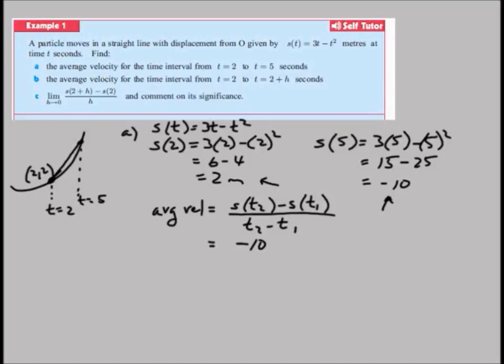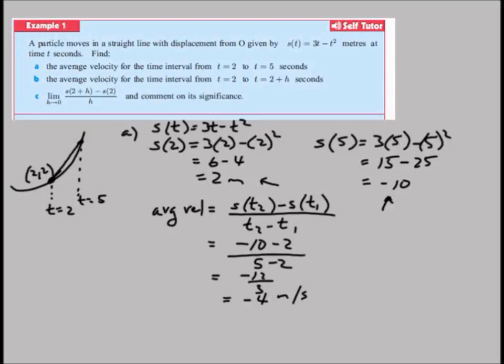So negative 10 subtract 2 over 5 subtract 2, which is negative 12 over 3, which is negative 4. And our units are meters per second, or m s⁻¹.